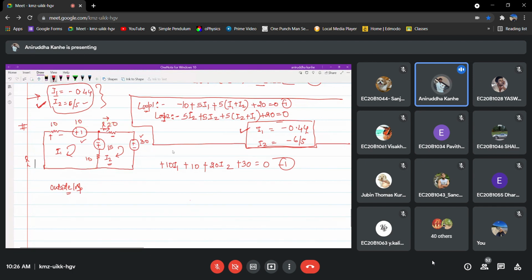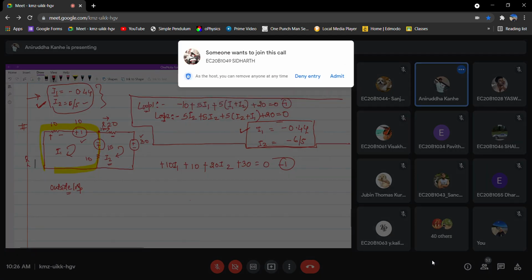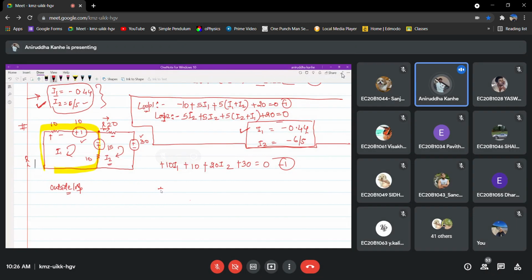Now you need only one equation. So either you consider loop 1 or loop 2, anything. You can consider this also, because you need only one equation. So you can write plus 10 I1 for this, plus 10 minus 15. What about this 15 ohms? How will the drop look, plus or minus?